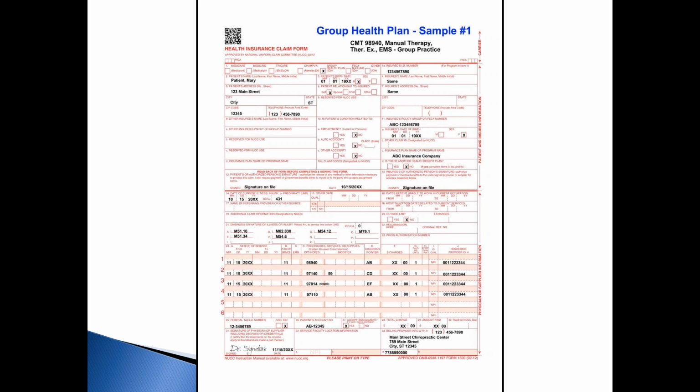And then on the fourth line item, 97110 is pointing to box 21, A and B, which are two lumbar diagnosis codes. So I'm doing the chiropractic adjustment on the lumbars, the manual therapy on the cervical, the electrical stim on the thoracic, and the therapeutic exercises on the lumbar region. That's what we call diagnosis pointing.